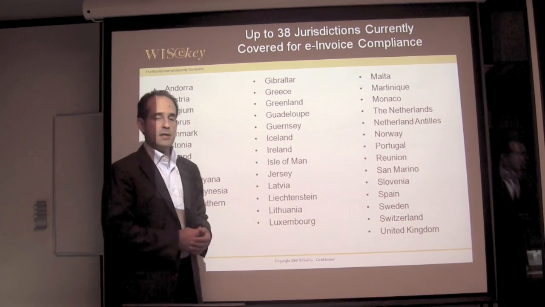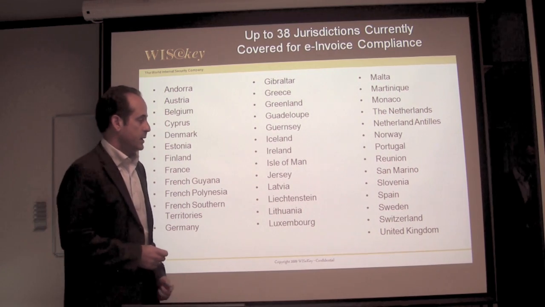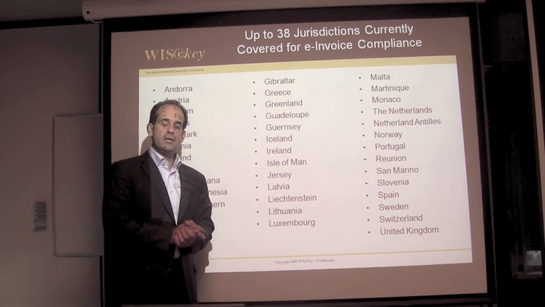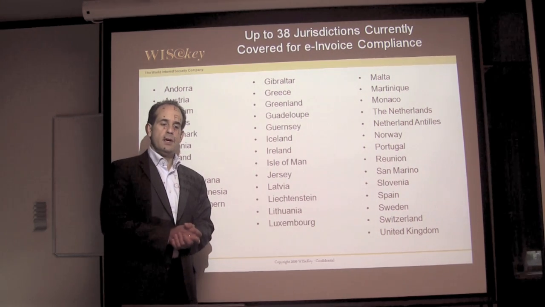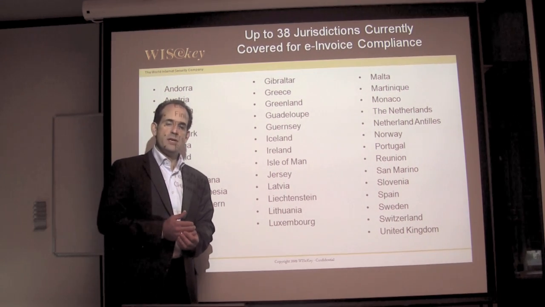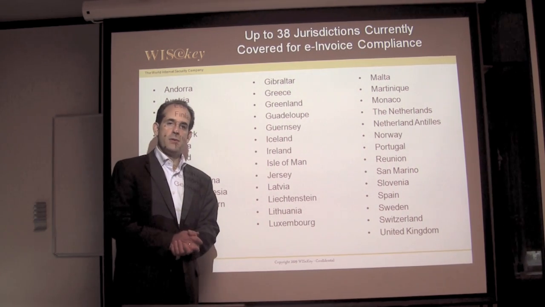Actually, recently we expanded to 45, and these are some of the countries that we're covering right now. So if you're a multinational, you're doing invoicing, and you have a big hassle in terms of paper, in terms of the multiplicity of legal requirements, in terms of increasing efficiency, we're the perfect company to help you out with that. Thank you.